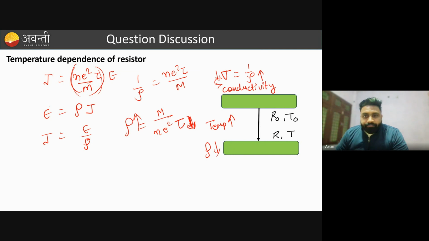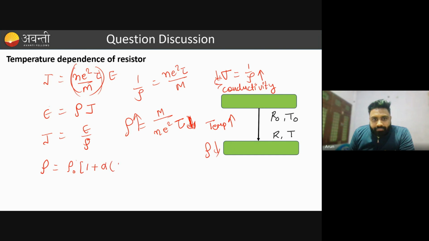So we can say that the resistivity is equal to rho naught, the original resistivity, into 1 plus alpha into T minus T naught, where rho naught is the resistivity at temperature T naught. This formula you can remember.